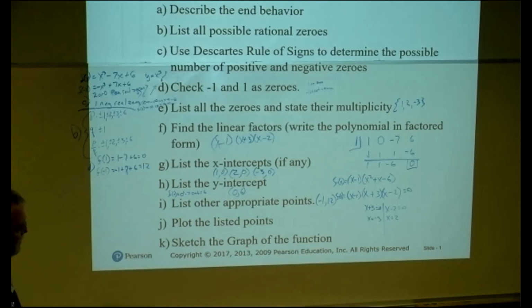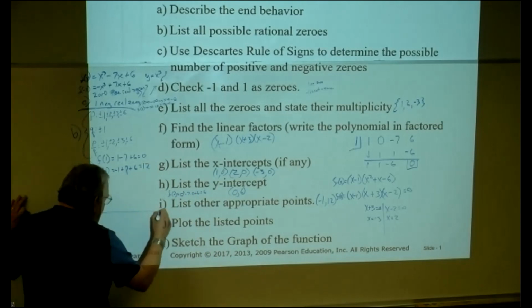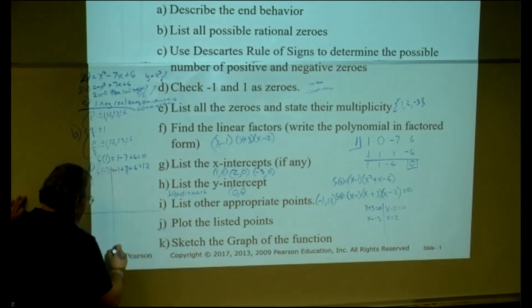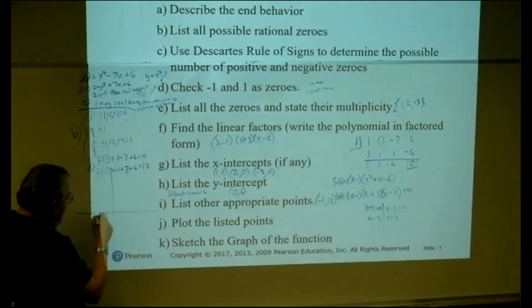So now we need to start listing other points. To start listing other points, we want to look at what's happening with the graph. And so -1, -2, -3, because -3 is a zero.